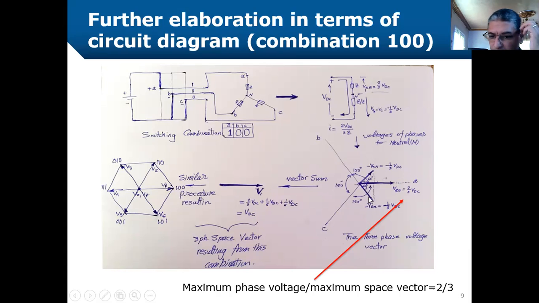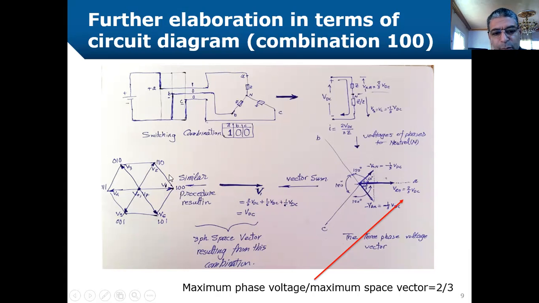Also for VBN, we get a component in the same direction as VAN with VDC by 6. Don't forget that the vertical components cancel each other due to VCN and VBN. So the resultant space vector is V1 with magnitude VDC, aligned with the 0 direction. This is the first diagonal of the hexagon, representing the conduction state 1, 0, 0.